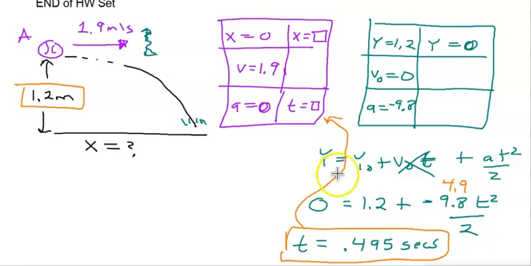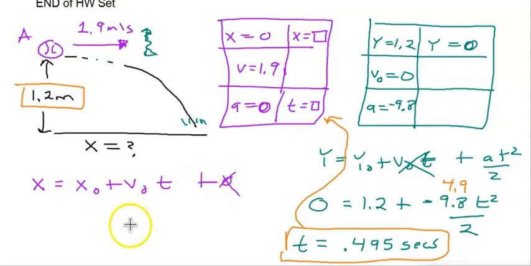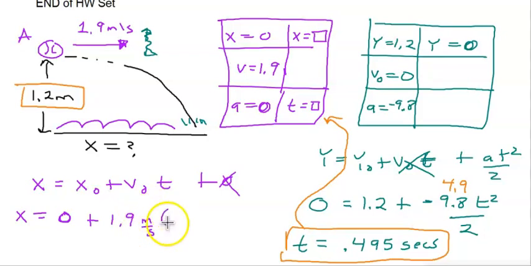Okay, so now we can secret passageway back to the horizontal and figure out how far that went. And no acceleration. So x equals, did not have a head start, was heading over at a constant rate of 1.9 meters per second for about half a second.